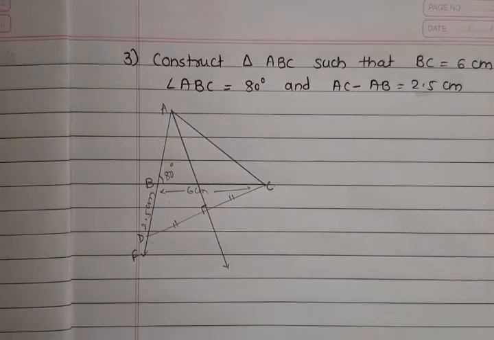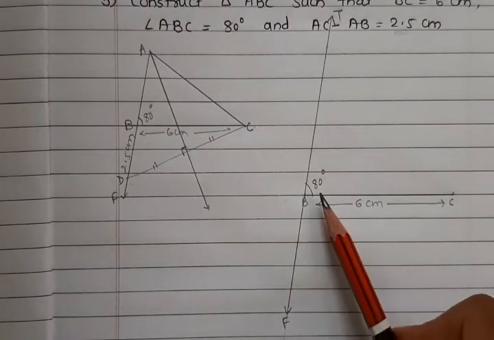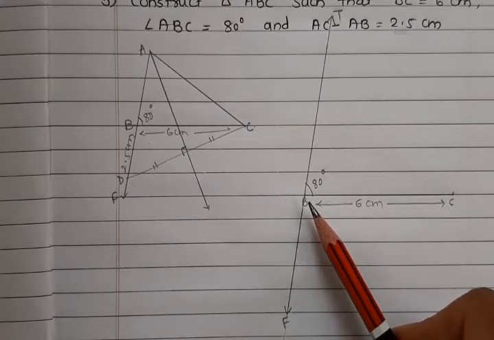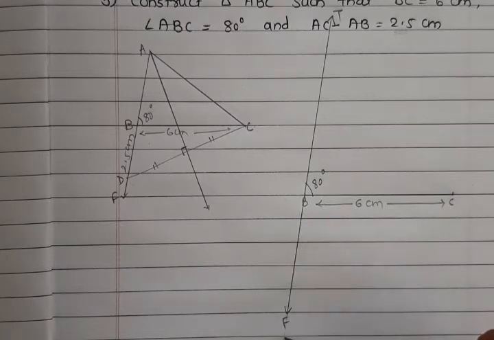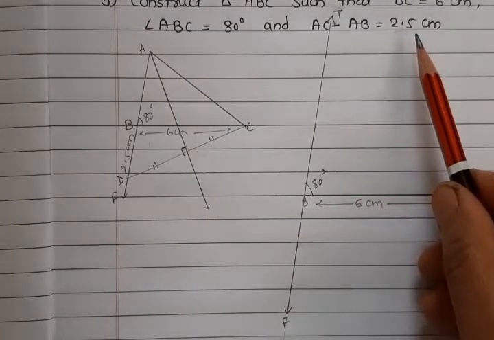Now let's do the actual construction. First of all we have to draw the segment BC of 6 cm, then keep the protractor at B and draw an angle of 80 degrees. With the help of the protractor draw an angle of 80 degrees and extend that ray on the downward side and give it the name EF. Then in the compass take the distance 2.5 cm.